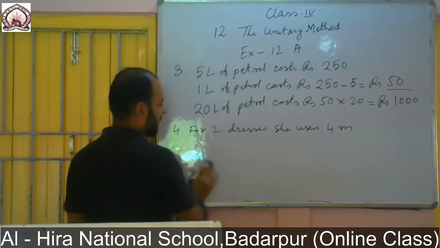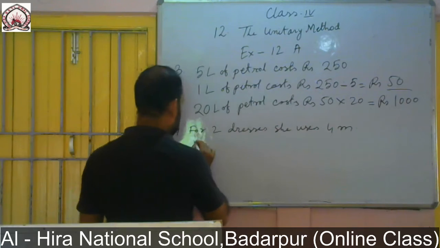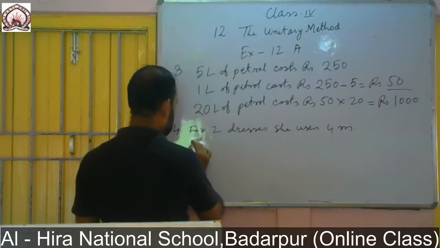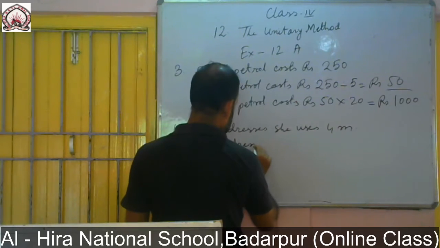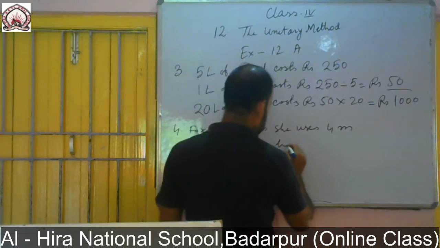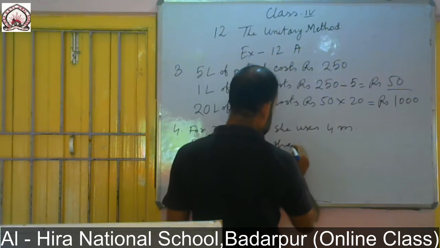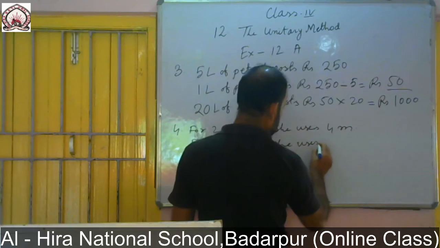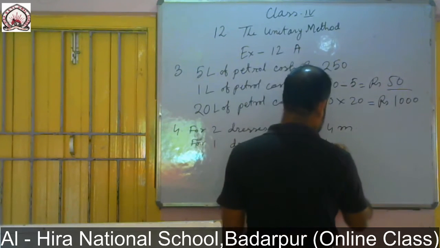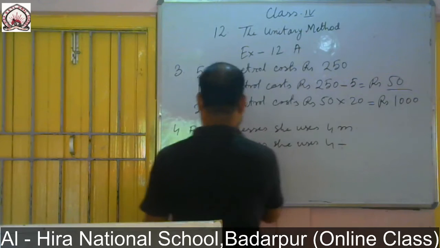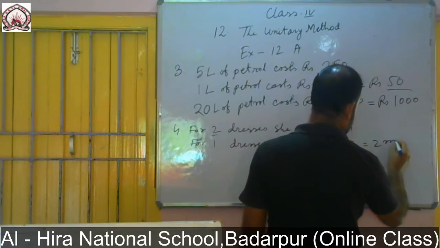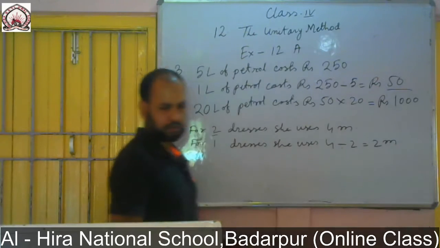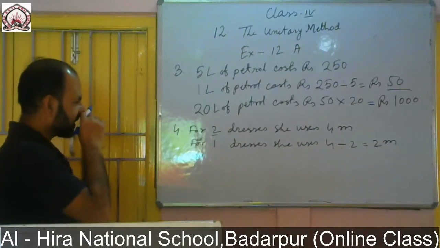First we take out for one dress. For one dress, she uses 4 divided by 2 equal to 2 meter.